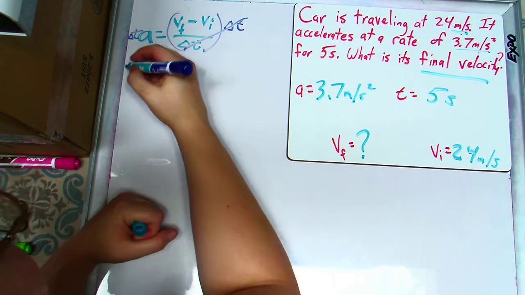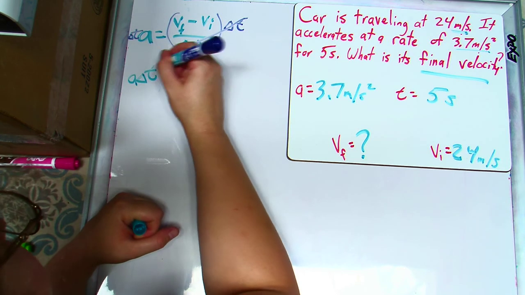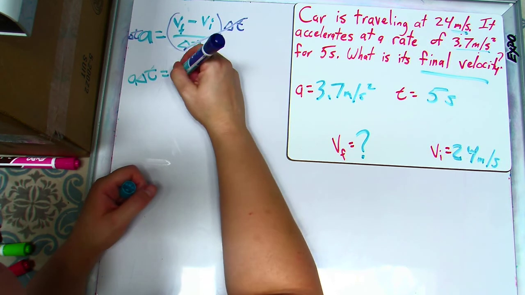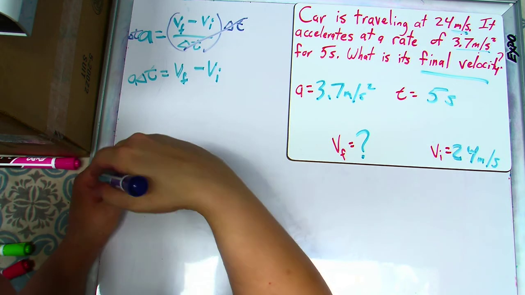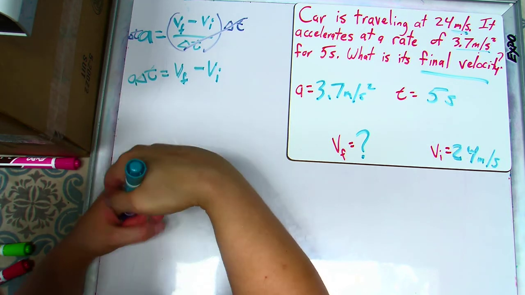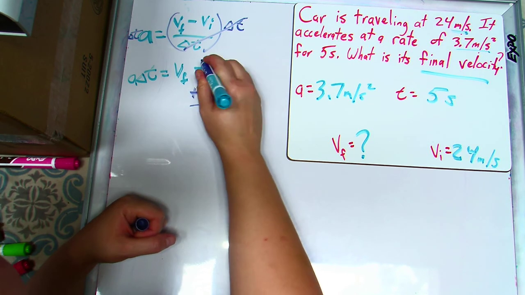I'm left with acceleration times time equals VF minus VI. Alright, again I want VF by itself, so I'm going to add VI to both sides.